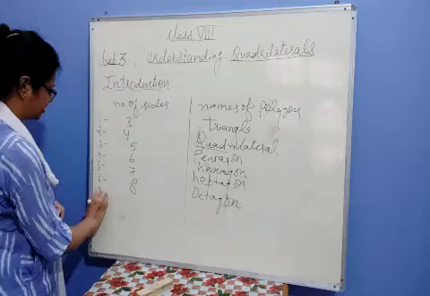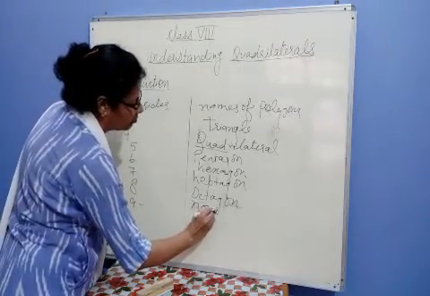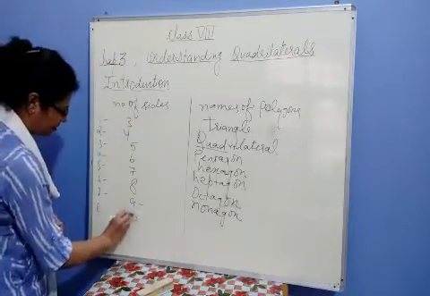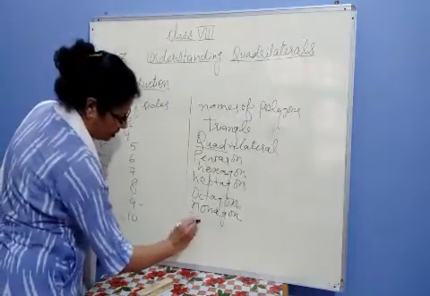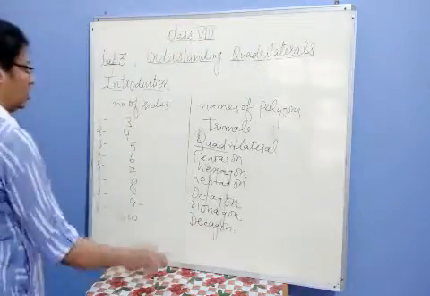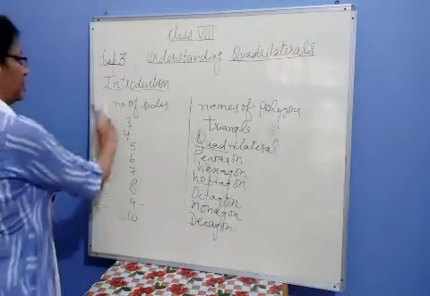If the number of sides is 9, it is called a nonagon. If the number of sides is 10, it is called a decagon, and so on. So these are the names of different types of polygons.